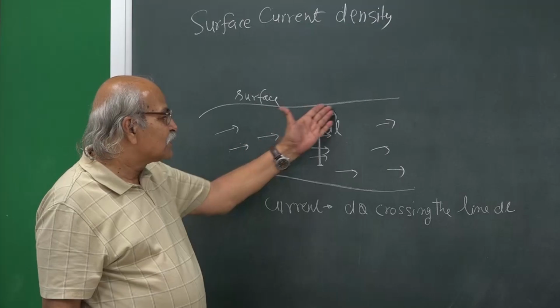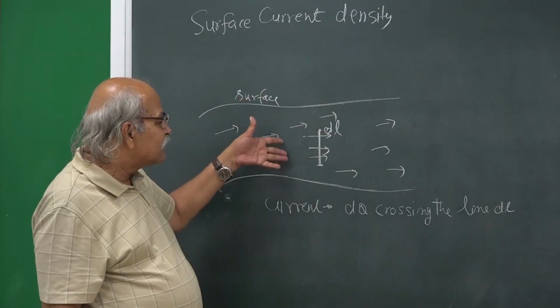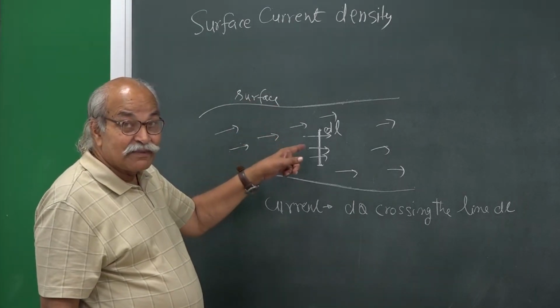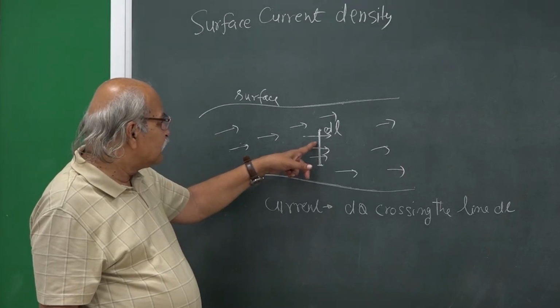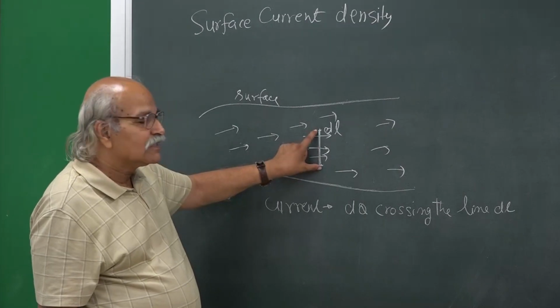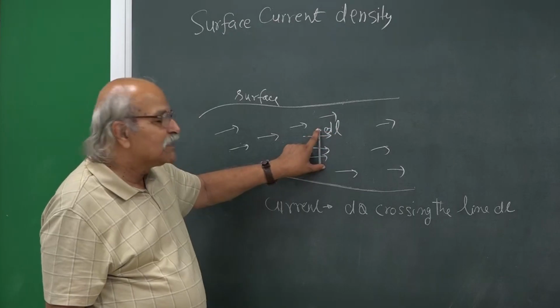At different locations, maybe the speed v can be different or the direction can be different. That is why at every point it will be different. So, at whichever point you want to define this surface current density, there you construct this dl, and there you see what is the direction of velocity, perpendicular to that.